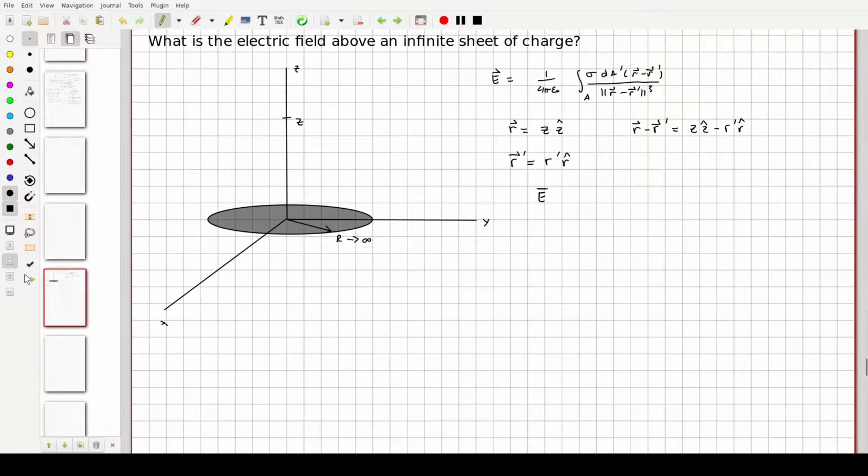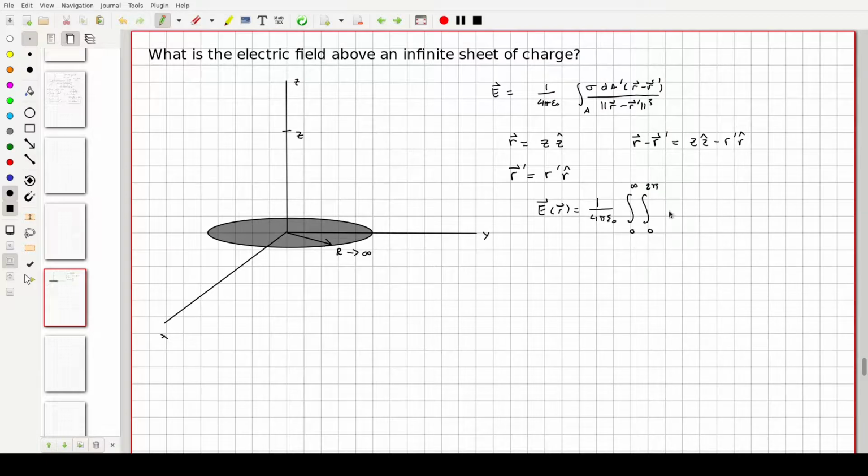So the electric field here, as a function of z, is 1 over 4 pi epsilon naught. We are integrating the r part from 0 to infinity, and we are integrating the angular part from 0 to 2 pi. Sigma is the charge density.